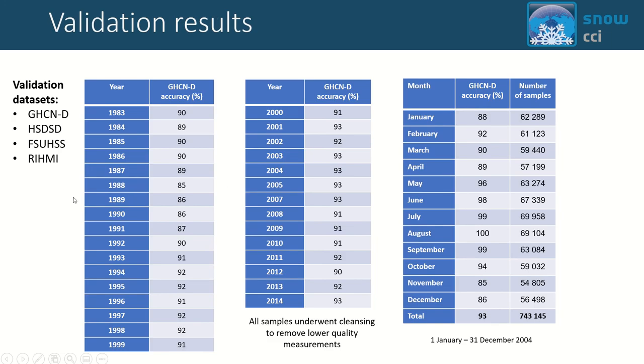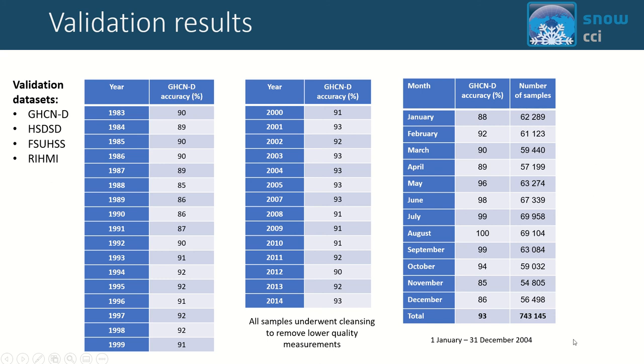For validation of the binary product, we have used well-established data sets of point measurements from stations and transects, and calculated accuracy, here shown as overall accuracy per year using the GHCN-D data.